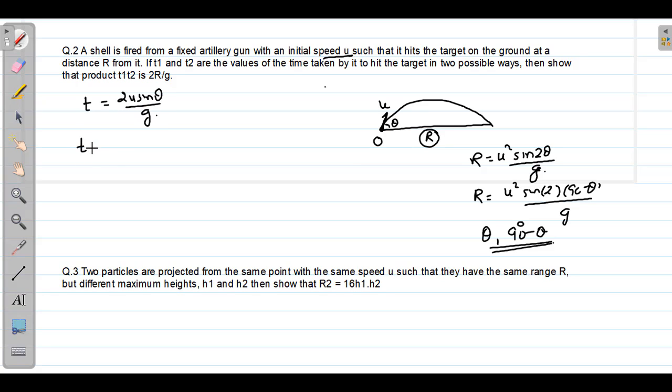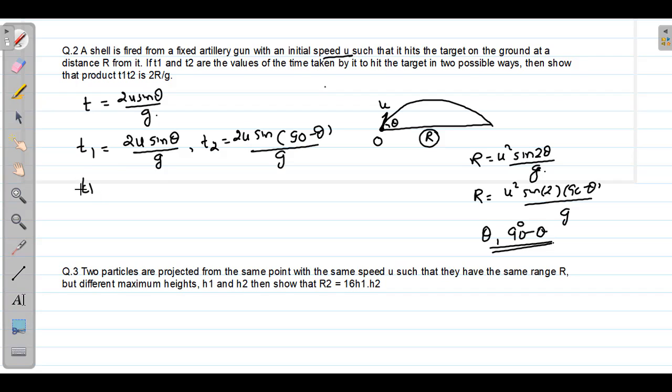So t1 will be, for the first case, 2u sine theta by g when it is projected at an angle of theta, and t2 will be 2u sine of 90 minus theta by g, if the projectile is projected at 90 minus theta initial angle.